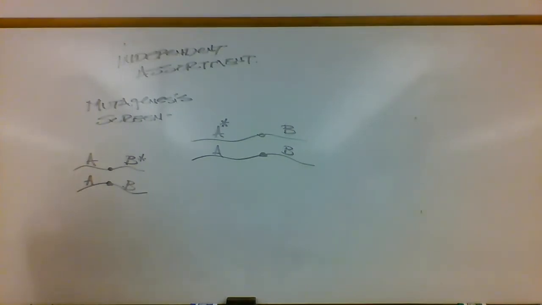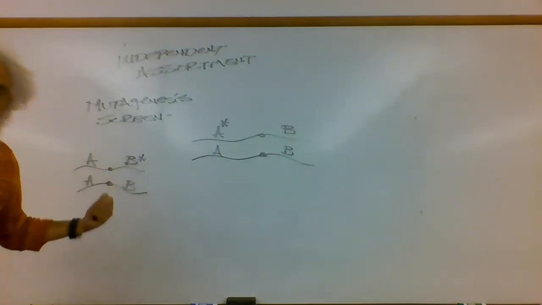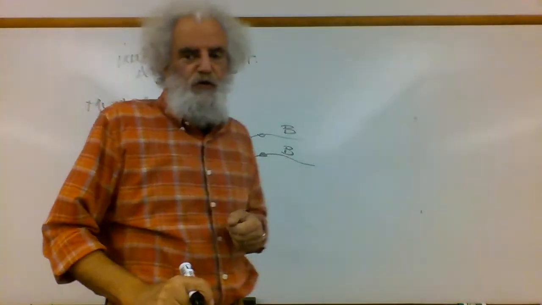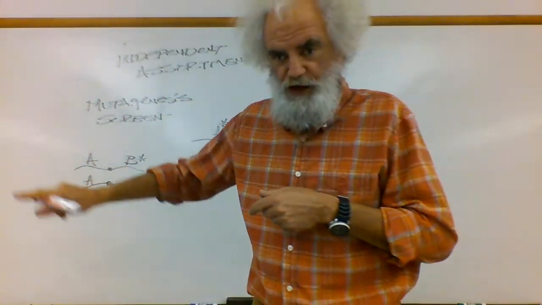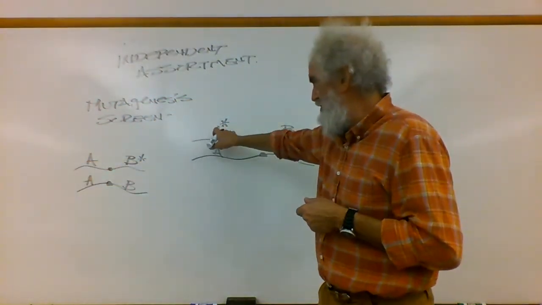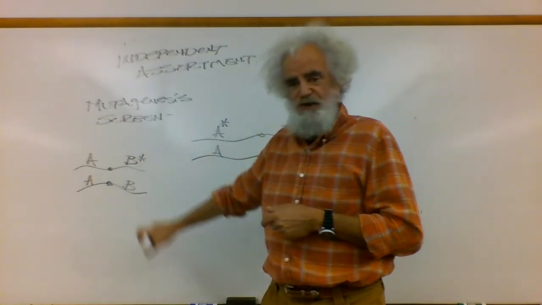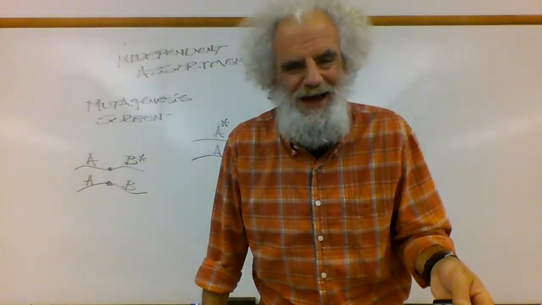Now, the question we want to ask is, are these mutations in the same gene? Now, given my excellent diagram, you can say, we already know that this guy is carrying the mutation in A and this guy is carrying the mutation in B. Yeah, but you don't know that.